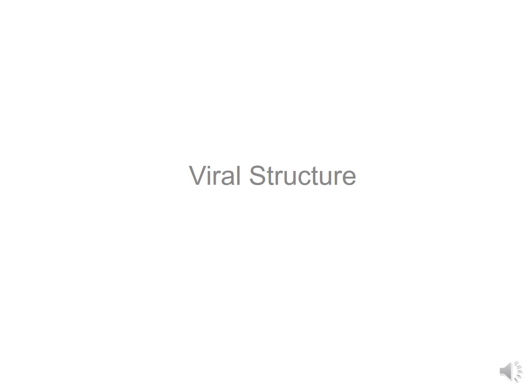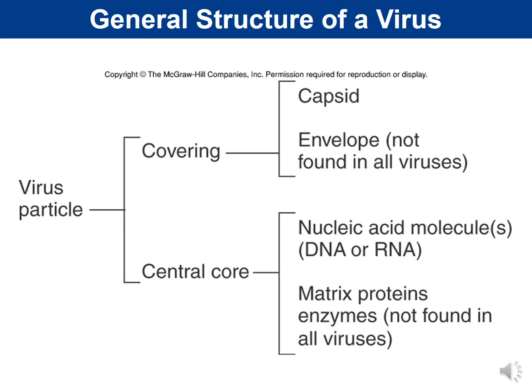So we're going to start by looking at viral structure. If we look at a virion, or the virus particle, we can break down the structure into two parts. One would be the covering, or the outer part of the virus, and all viruses have a capsid. We're going to see in a minute that this is a protein found on the outside of viruses.